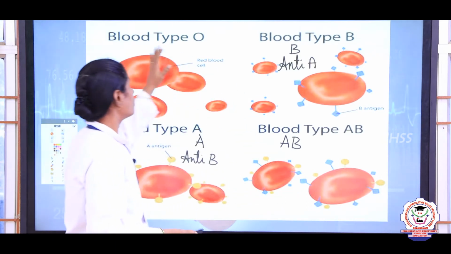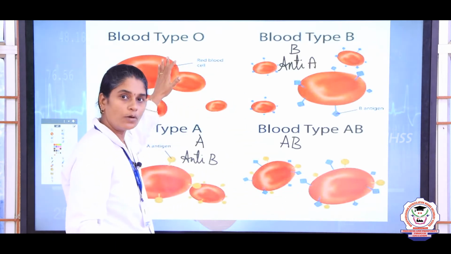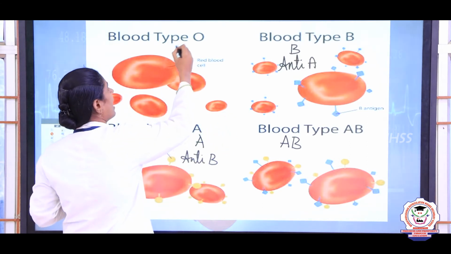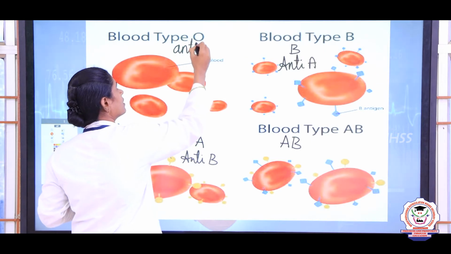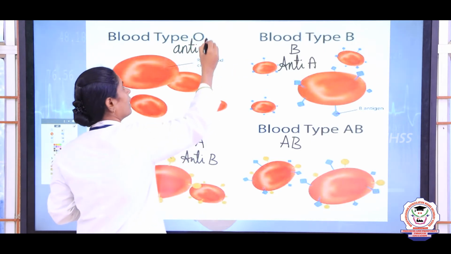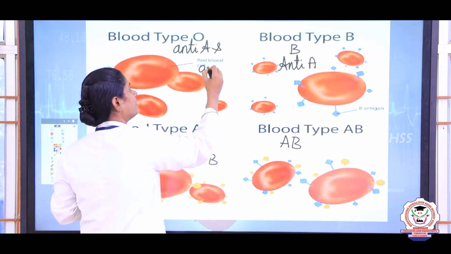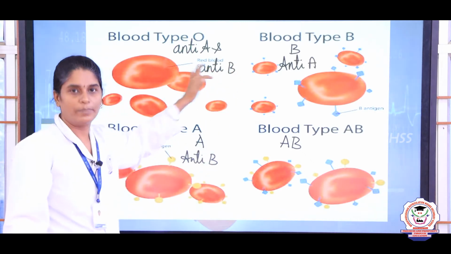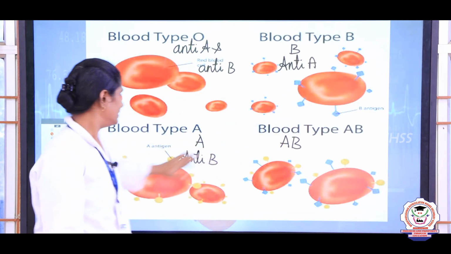When you take the O blood group, no antigen is present, but antibody A and antibody B are present.